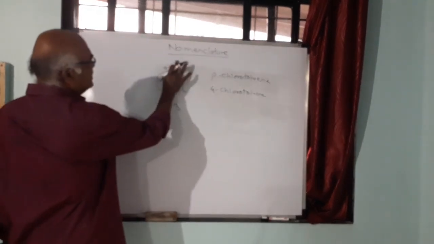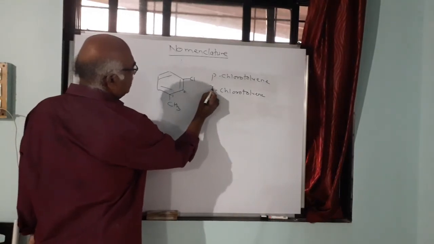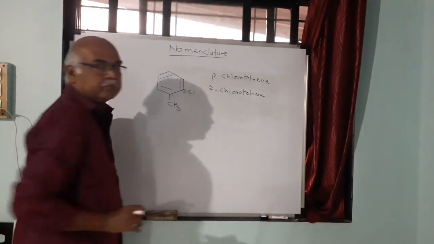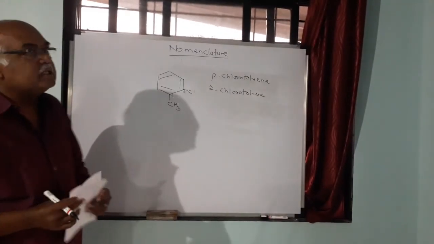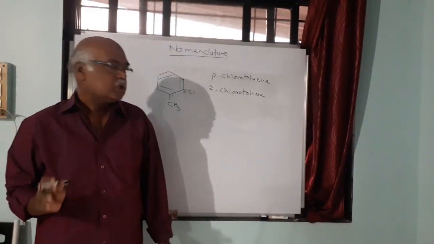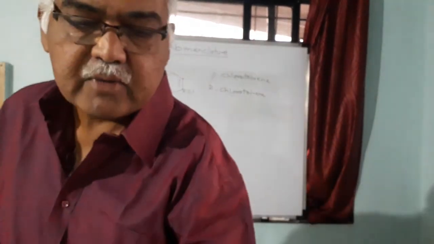If I have written Cl over here, then this will be 3-chlorotoluene. If I write Cl over here, this will be 2-chlorotoluene. Okay. Similarly here 2-chloro, here 3-chloro and here 4-chloro. Okay. So this is the nomenclature of these alkyl halides, or you may say nomenclature of monohalogen derivatives of alkenes.